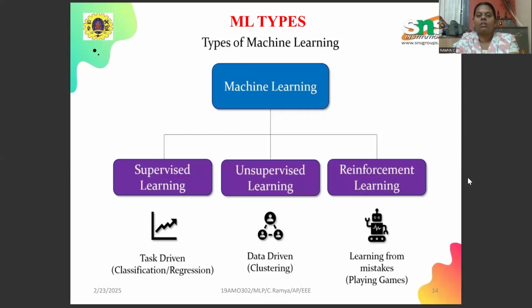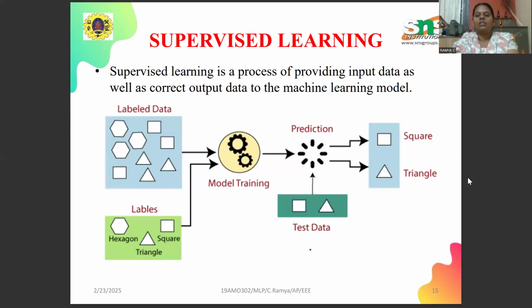Next, we are going for ML classification, that is, machine learning types. We have three different types. Basically, it is supervised learning, unsupervised learning, and reinforcement learning. Supervised learning, we can easily define by the word we have used: it provides input data as well as correct output data to the machine learning model.